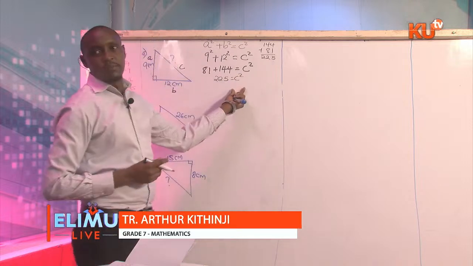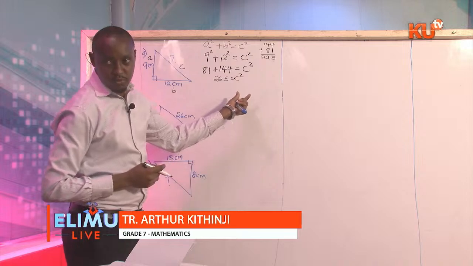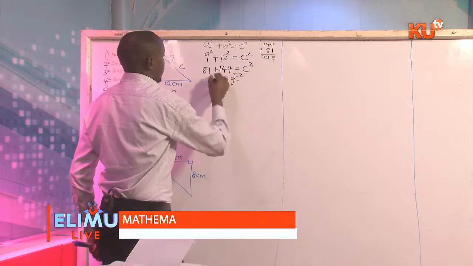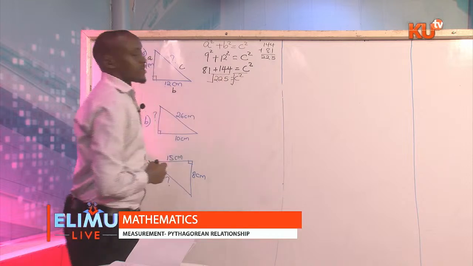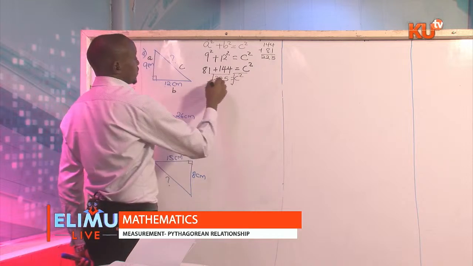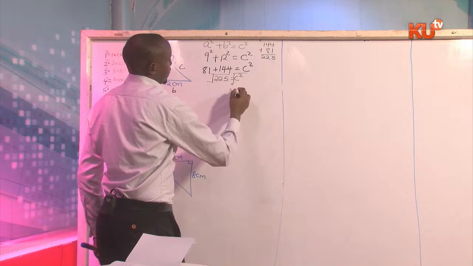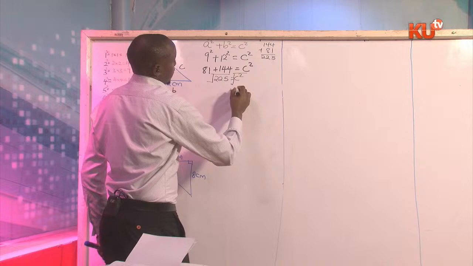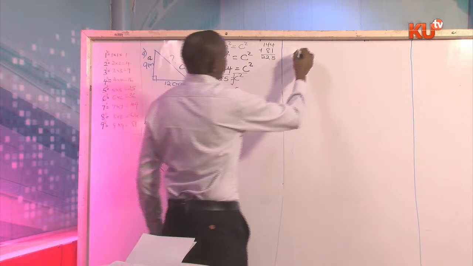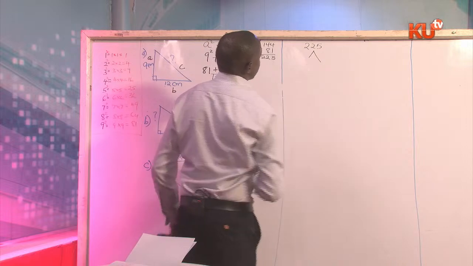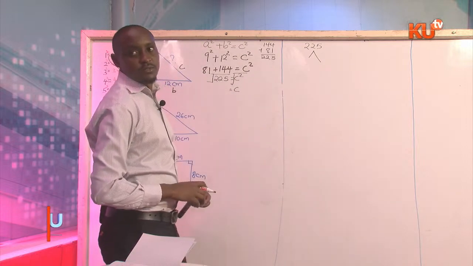For us to be able to eliminate the exponent 2 from C squared, learners, we shall take the square root of C squared and also do the same on the other side of the equation, which means if we take the square root of C squared, we shall get C. Let's use prime factorization for grade 7 to be able to get the square root of 225.